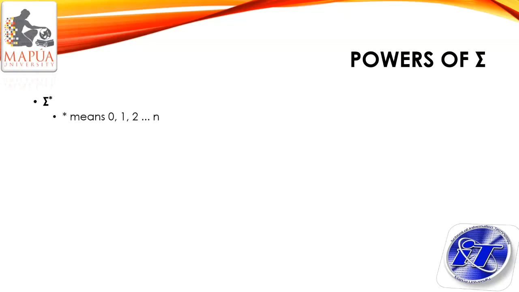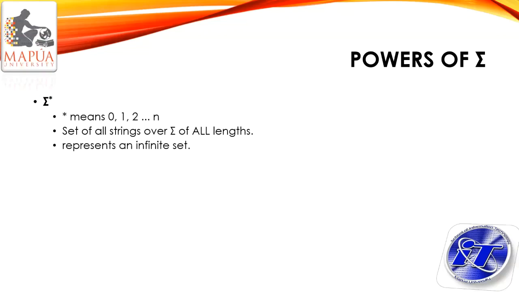It means the string length is variable, so the length could be any; we're referring to all lengths. It also represents an infinite set since the length is not defined, and it could represent the parent of all languages.